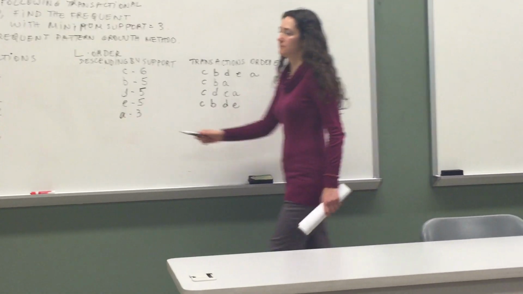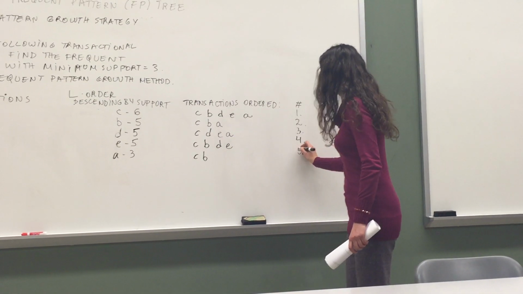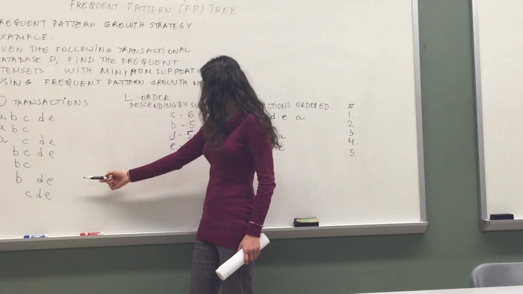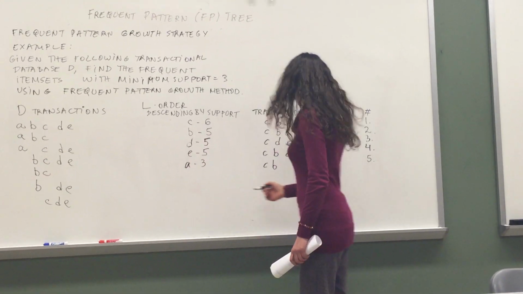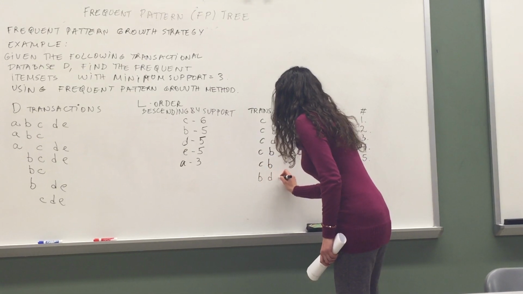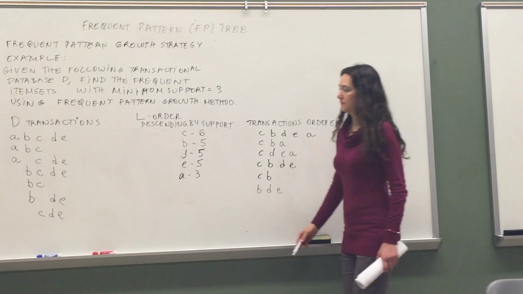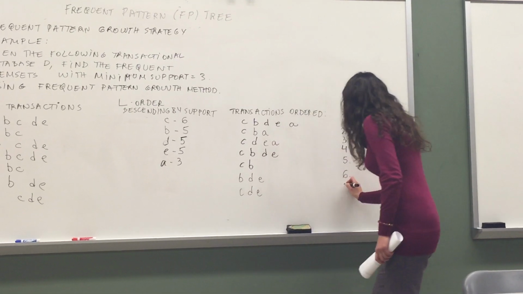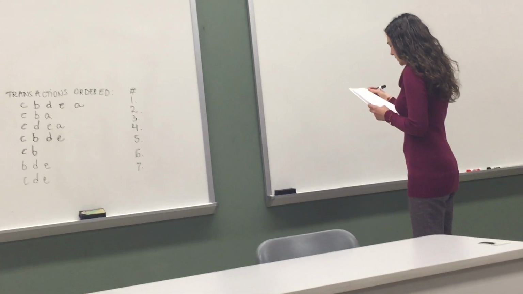And next, C, B. And next one, B, D, E. This one will not change, it will stay like that. That's number 6. And the last one, C, D, stays the same. Okay, so that was the first thing that we did, reordering the transactions.